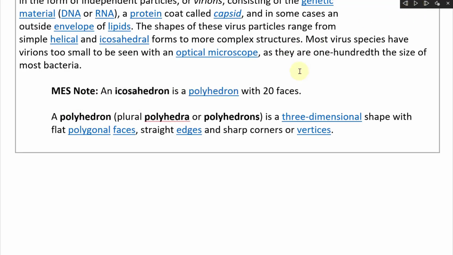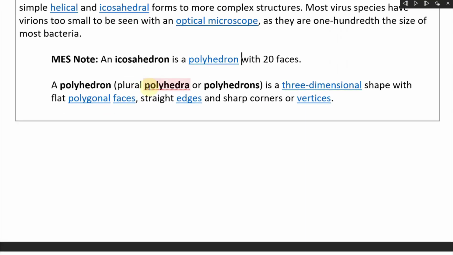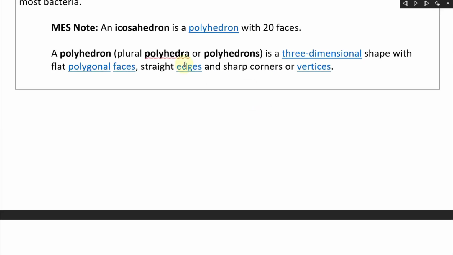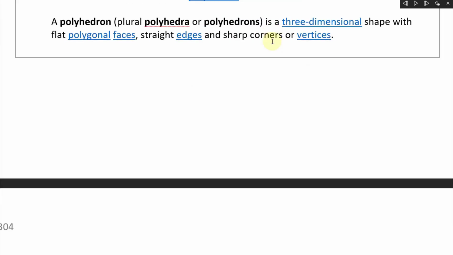An icosahedron is a polyhedron with 20 faces. And a polyhedron, plural polyhedra or polyhedrons, is a three-dimensional shape with flat polygonal faces, straight edges, and sharp corners or vertices. So an icosahedron has 20 of these faces.